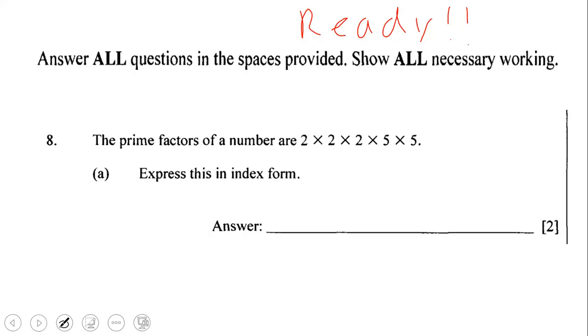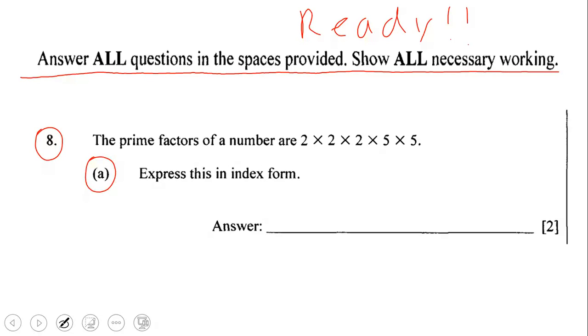We begin by reading the instructions, and the instruction states the following. Answer all questions in the spaces provided. Show all necessary working. Question number 8A. It says the prime factors of a number are 2 times 2 times 2 times 5 times 5.